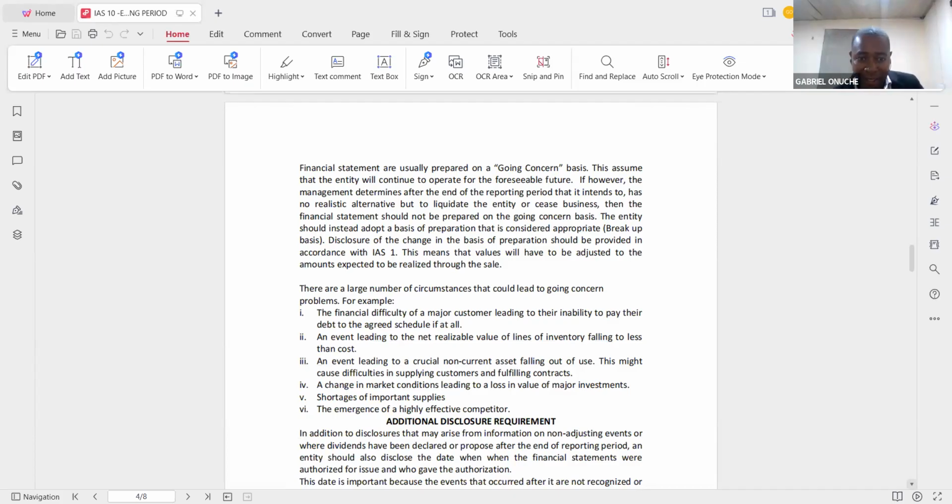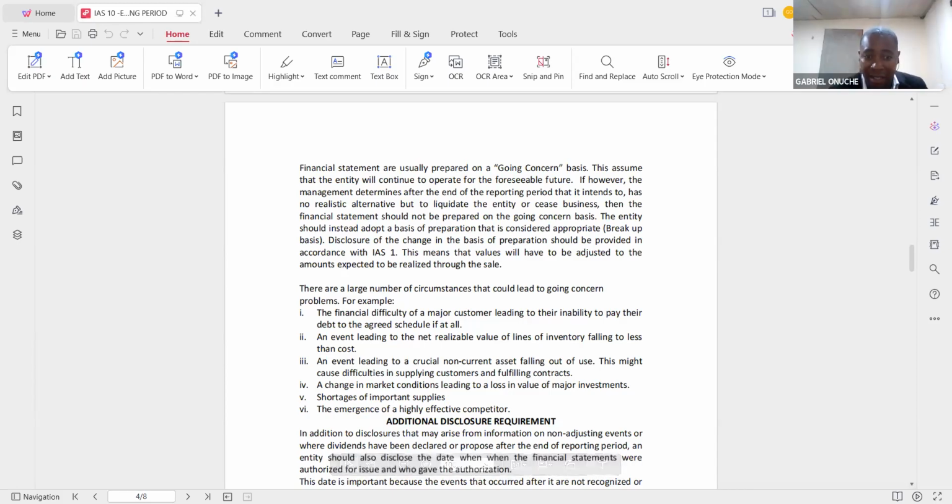The event leading to net realizable value of lines of inventory falling to less than cost: when you are selling your inventory for less than what you purchased, and this is becoming alarming, it can lead to liquidation. Another one is an event leading to a crucial non-current asset falling out of use, maybe as a result of change in technology or a new technology that the company cannot meet up with, can also lead to liquidation.